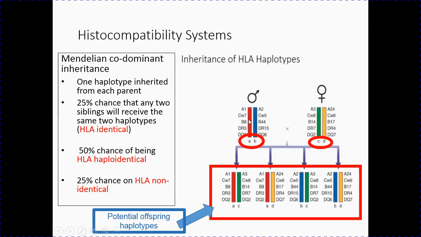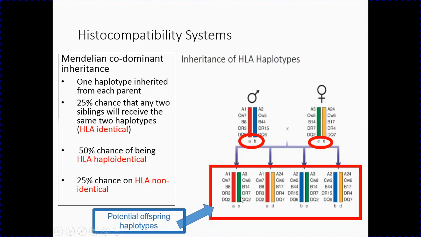We have a total of 4 potential variants of these 2 parents. The father will contribute haplotype A to 2 of the offspring and haplotype B to 2 of the offspring. So there's the A, the B, and the B. Similarly, the mother will contribute the C to 2 offspring and the D to 2 offspring.